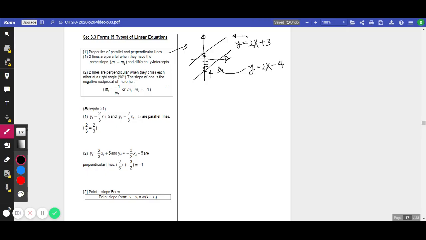We know these two equations are parallel to each other because the coefficient of this and the coefficient of that, we call this m1, we call this m2, they are the same. So if m1, the slope of the first one, is the same as the slope of the second one, then they are parallel to each other.